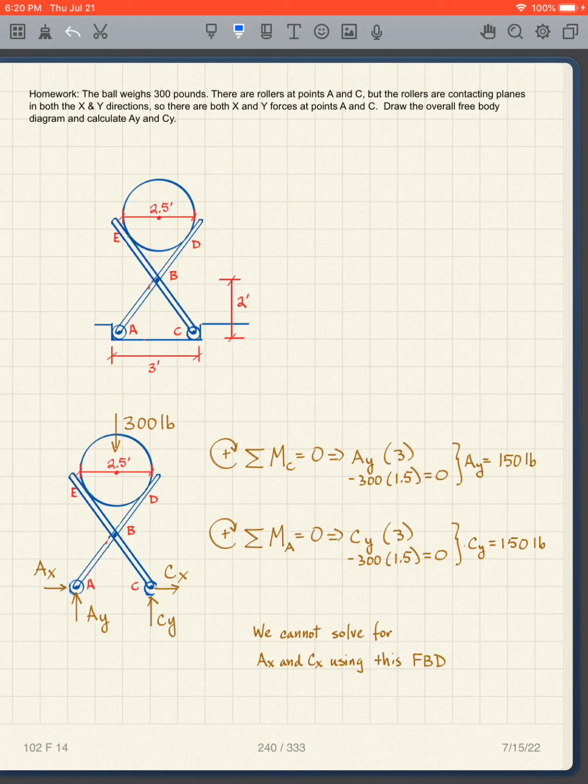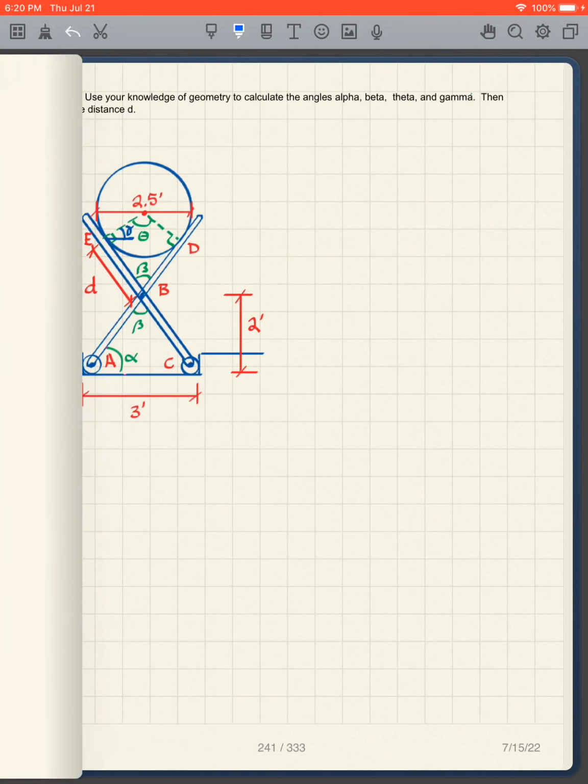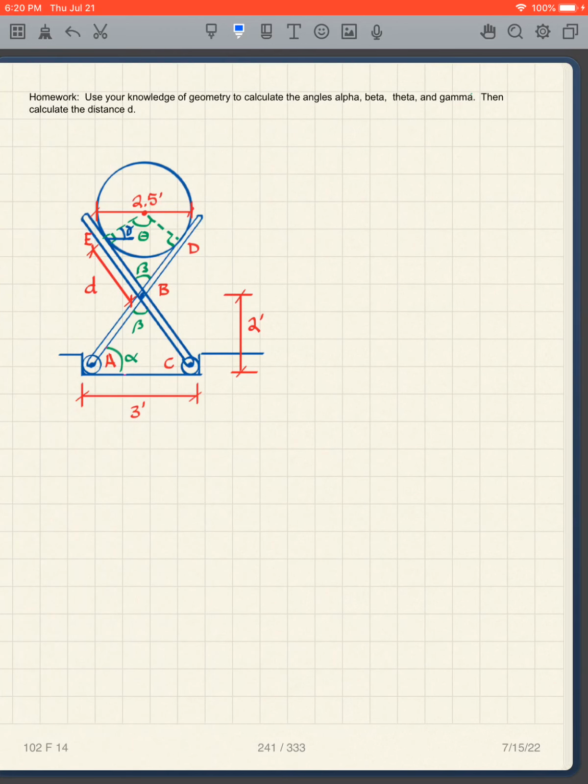The techniques we're going to use next will let us solve this, but there are some issues. This is where I want you to use your knowledge of geometry to calculate the angles alpha, beta, theta, and gamma, and then calculate the distance d. This is strictly the geometry part of the problem.